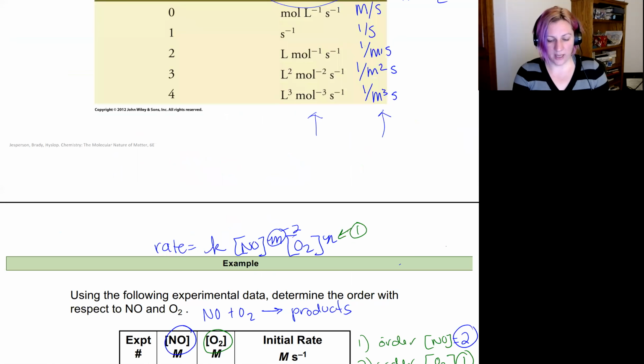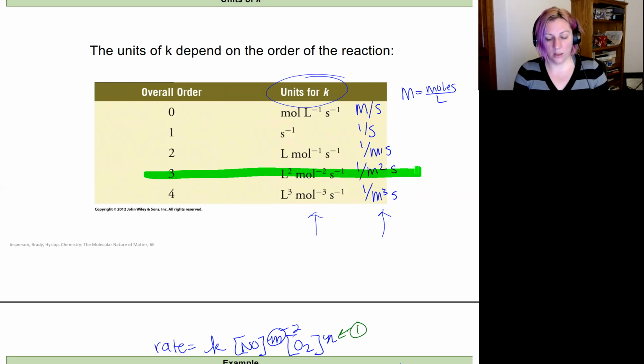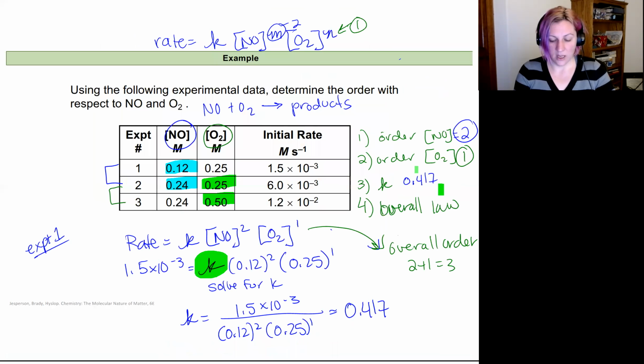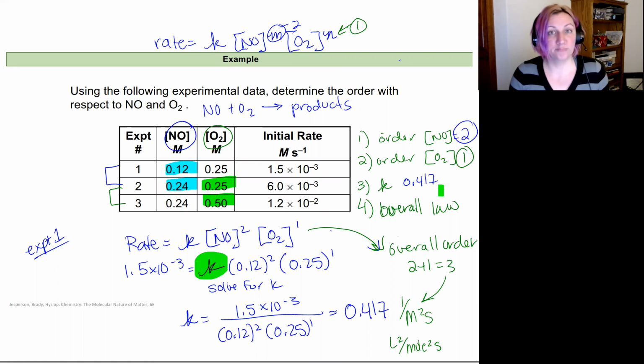And so if you look back up here, when we have an overall order of 3, we're going to have 1 over molarity squared seconds, or liter squared divided by moles squared seconds. So we're going to use those units right here. Or you could do liters squared over moles squared times seconds, whatever you prefer.